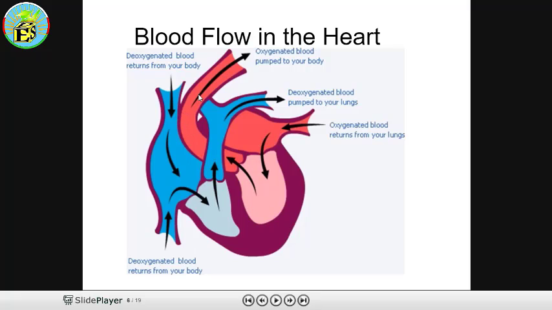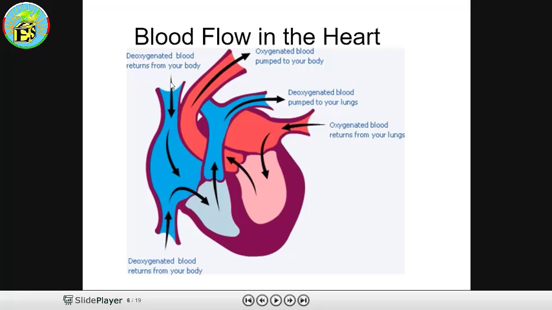And it will be pumped towards your body, because now after passing through the lungs it got the oxygen and is entering the left atrium, the other chamber, and from the atrium it will go to the ventricle, and the left ventricle will pump that blood towards the body to complete the needs of the body. Here is the pathway of the blood flow within the heart.